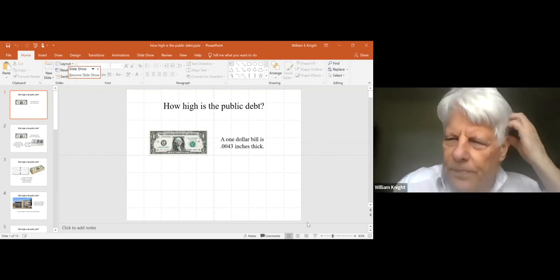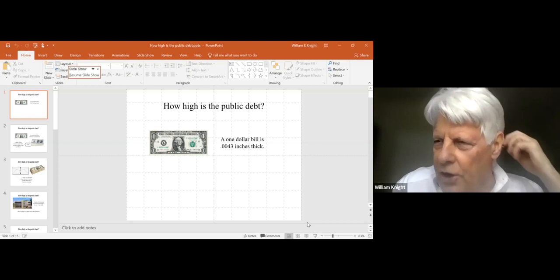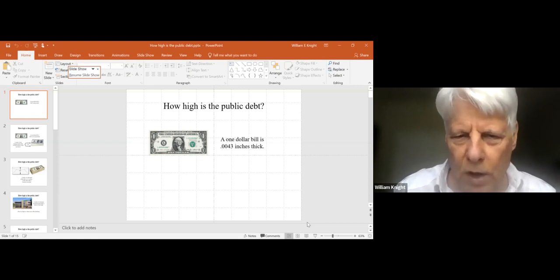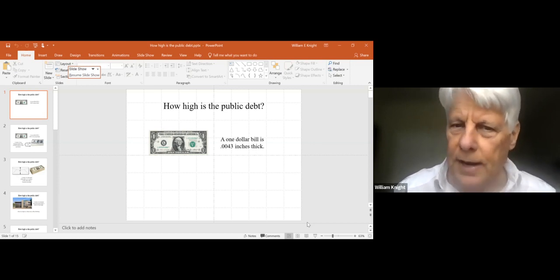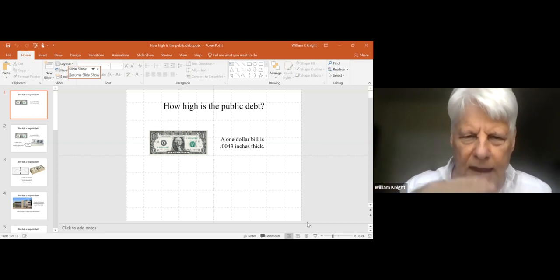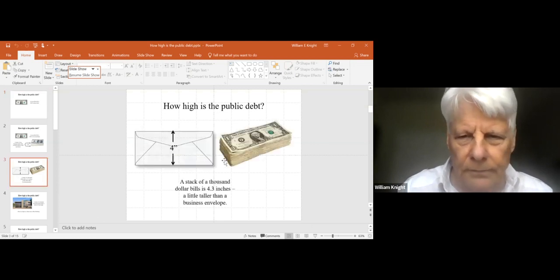I told you that you are going to be required to compute the height of the public debt if we stack up dollars one on top of the other. Not end to end. I'm talking about flat side to flat side. We stack them up like right here.